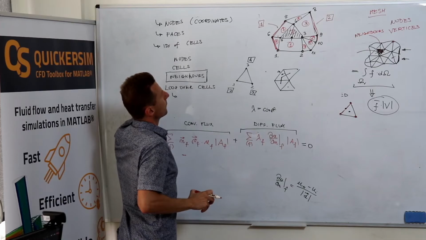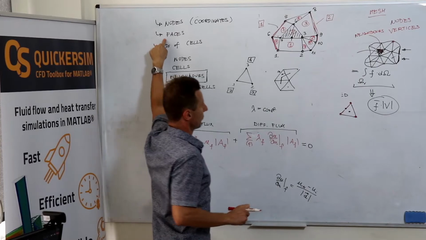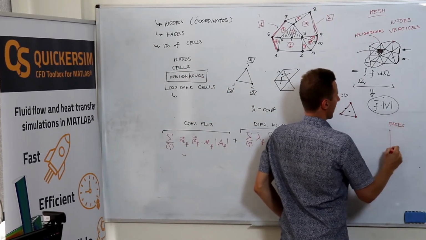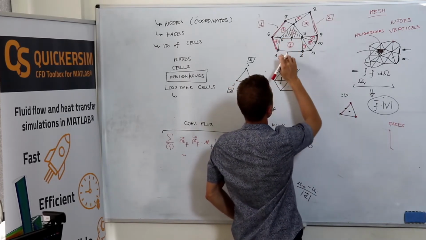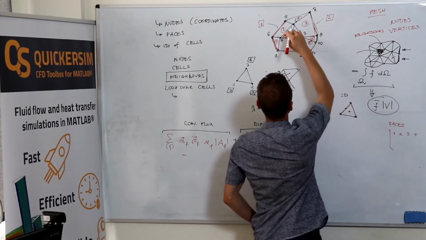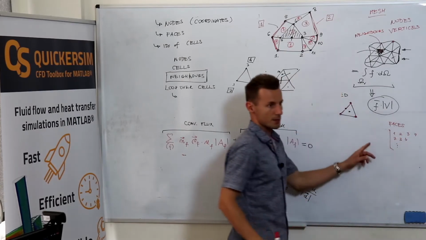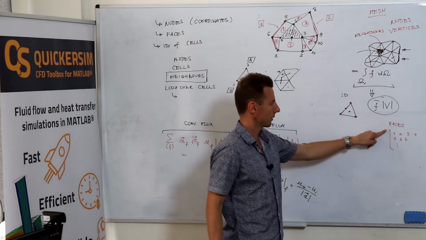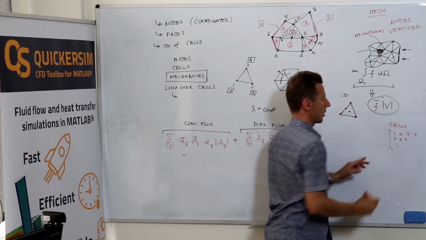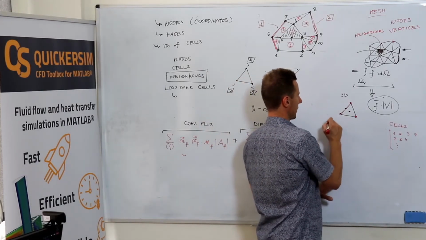Already when importing the cells, and remember cells is the array that says something like 1, 2, 3, 7, then 7, 3, 4, etc. So already when importing the cells, I would prepare yet another array.